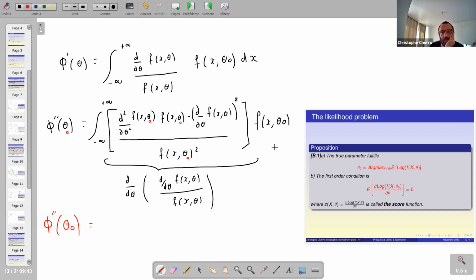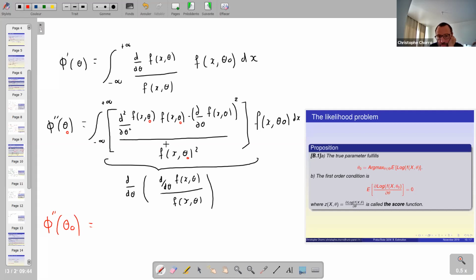And don't forget that you have here dx. Of course, I will have some simplification if I do this job, because you see that here f x theta 0 and f x theta 0 square will simplify a little. And here you have also f of x of theta 0. So you have f x theta 0 multiplied by f x theta 0 divided by f x theta 0 square.